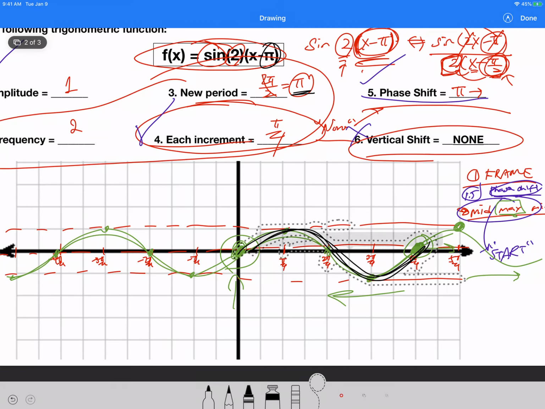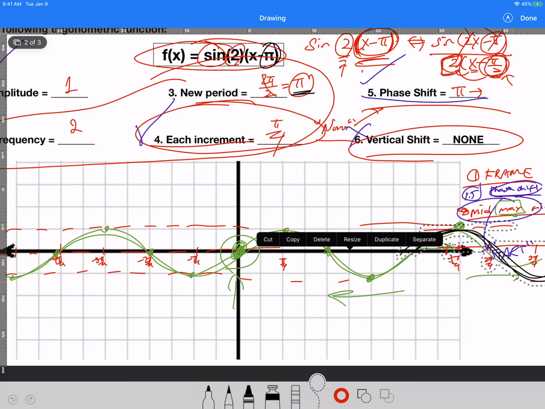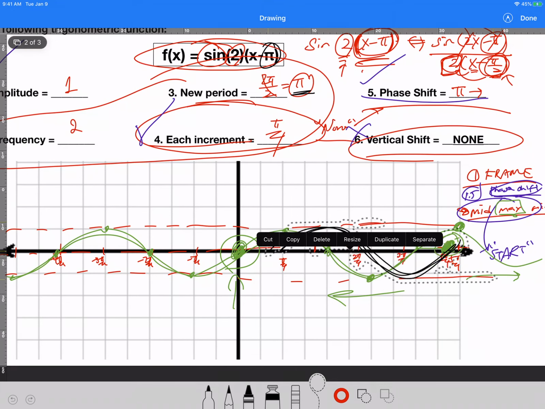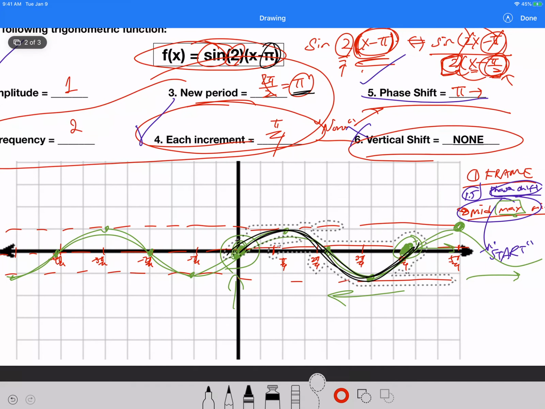I take this wave and I move it to the right, and it matches exactly as it is. So there's actually no point in doing a phase shift because your phase shift matches the period, which is pi. So therefore, there is really not much change in the graph.